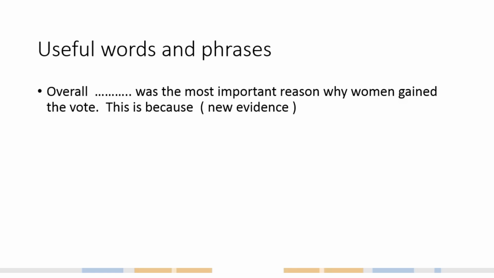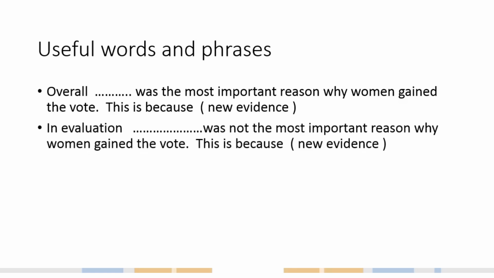This is because, and then you bring in your new evidence. Or another way is by starting with in evaluation. In evaluation, the suffragette campaign was not the most important reason why women gained the vote. This is because, and you bring in new evidence.